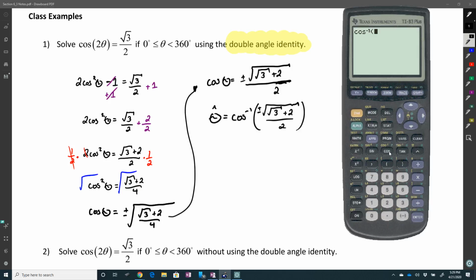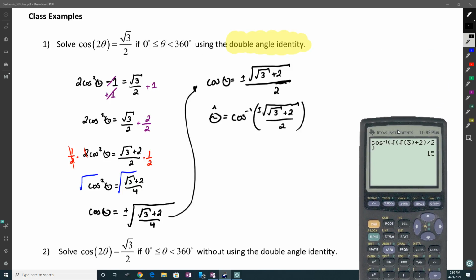So, inverse cosine, square root of square root of 3 plus 2, close the square root, make sure I wrote it right, divided by 2, and notice that I get 15. This is in degrees, so before you start, be sure that your calculator is in degrees.